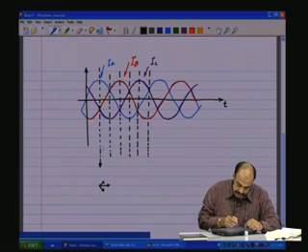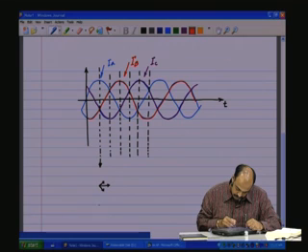So you have a resultant which is having, let me draw a circle.